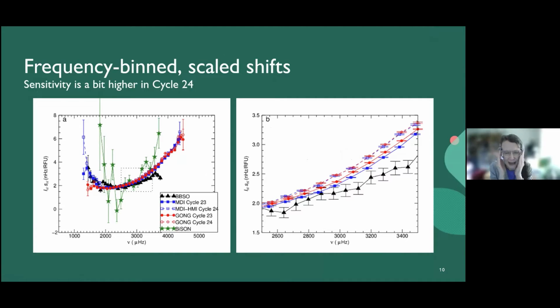And that sort of makes sense if you think about the layer that affects the mode frequencies getting a little bit more squashed, because the different modes have slightly different upper turning points as well as different lower turning points. And so if that layer is thicker, then they're affected more.